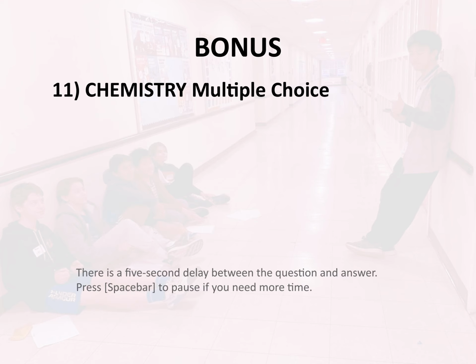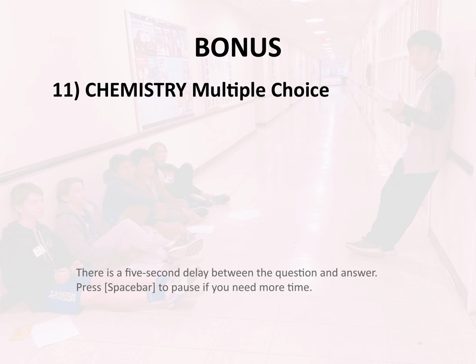Bonus 11. Chemistry. Multiple choice. Consider an arbitrary acid HA, where A can be any group. Which of the following facts would allow one to directly infer that it is a stronger acid than acetic acid? W. HA has the ability to protonate water in high yield.